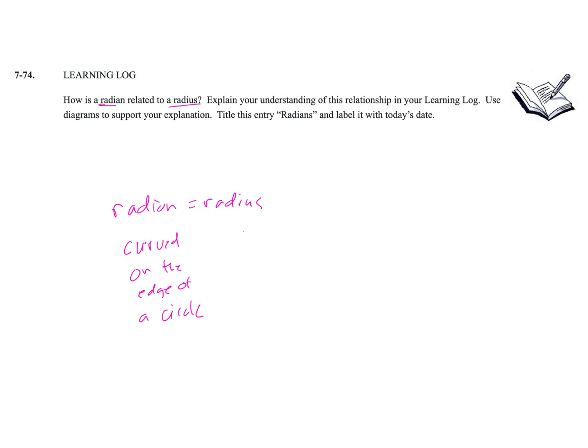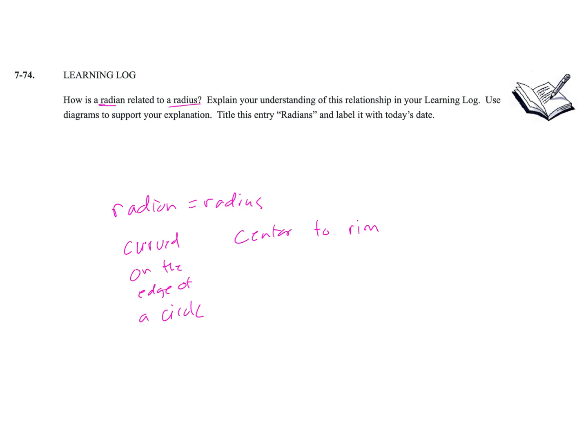Whereas a radius just goes from the center to the side, or to the rim, as some people might call it. So just making that idea that the radian is not just some random unit of measurement that we decided, it's based off of the radius.